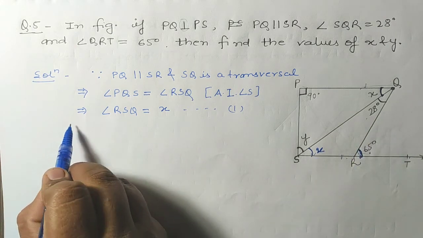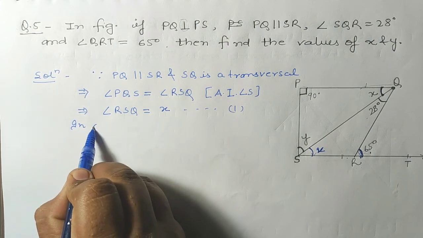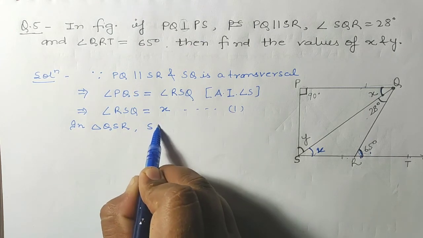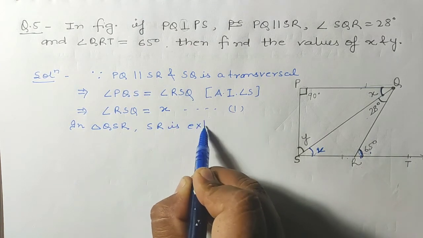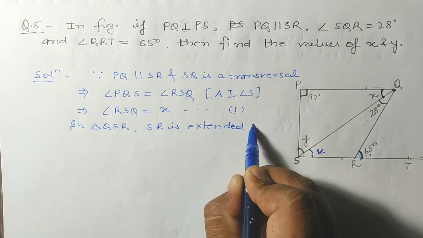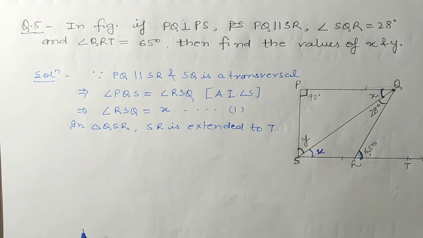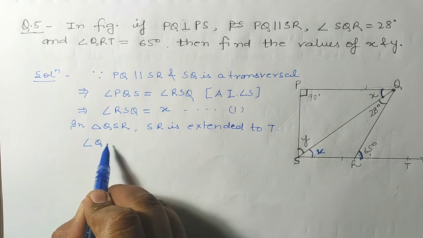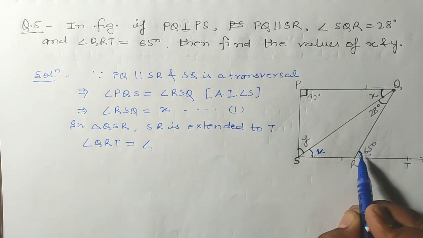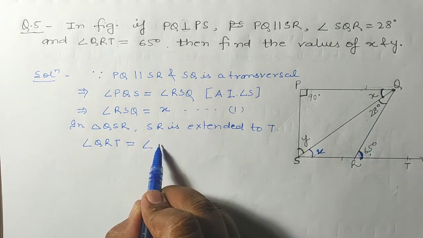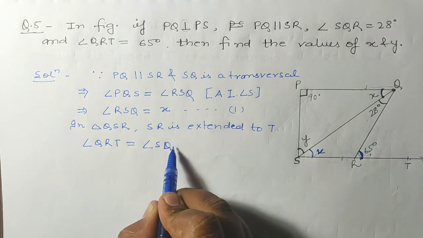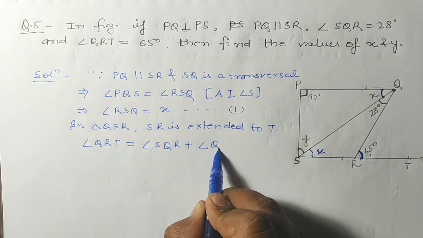So we will write like this: in triangle QSR, SR side is extended to T. So angle QRT will be equal to angle SQR plus angle QSR.